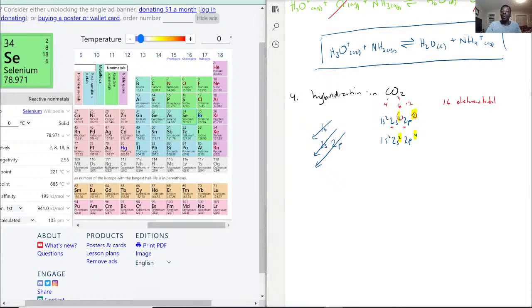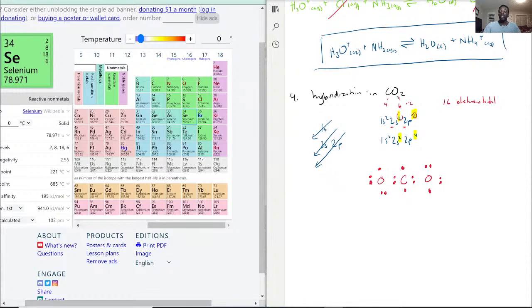Okay, so now we're ready to draw out the Lewis structure. We have C in the middle, we have at least one single bond, and then we have the oxygens. Now this carbon in the middle is sharing 2 of its 4 electrons, so it still needs 3, 4 more. And oxygen is sharing 1 of its 6 electrons, so it still needs 2, 3, 4, 5, 6, and the same thing here, 2, 3, 4, 5, 6.